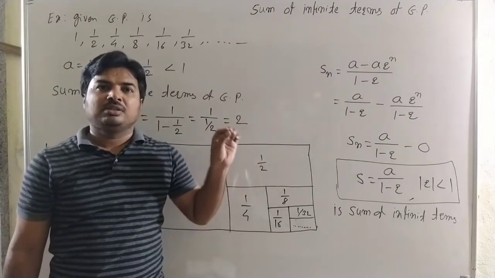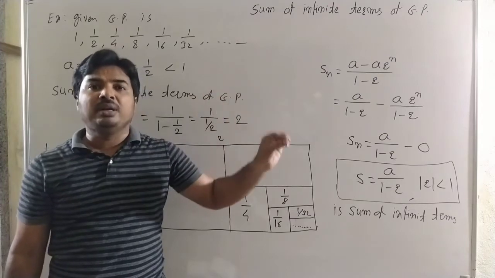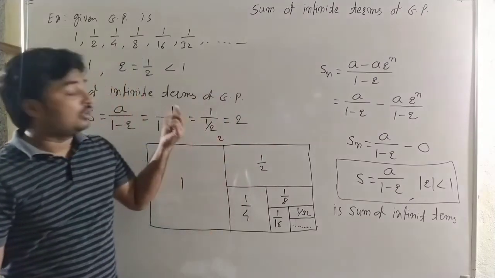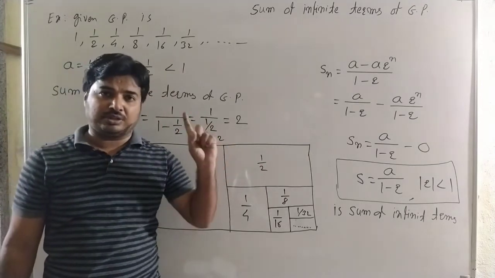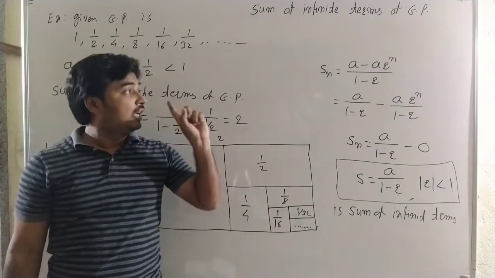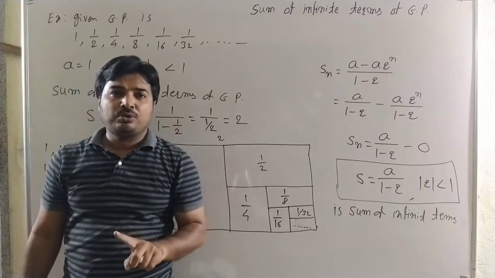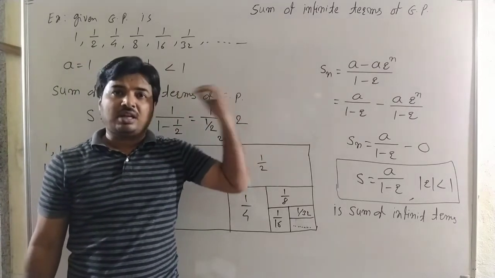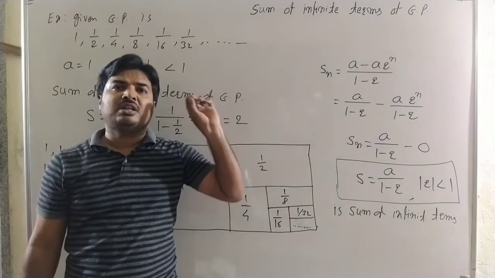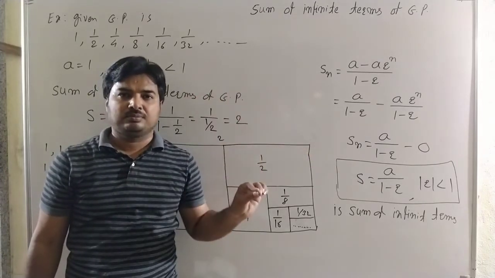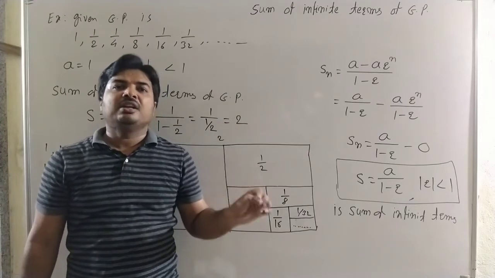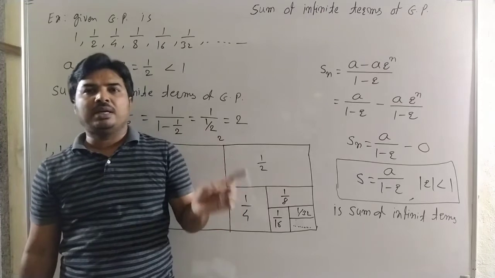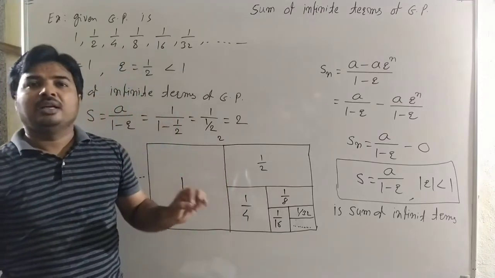Remember this: in an increasing geometric progression the terms are larger and larger, so the last term tends to infinity. That means in an increasing sequence the sum of the infinite terms does not exist.